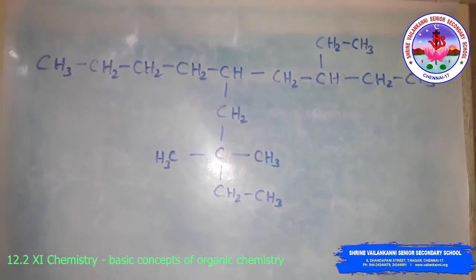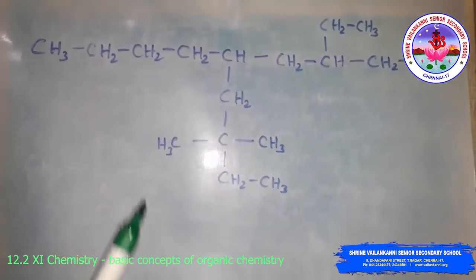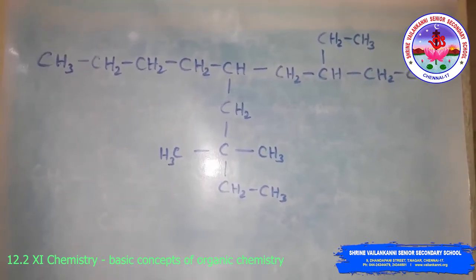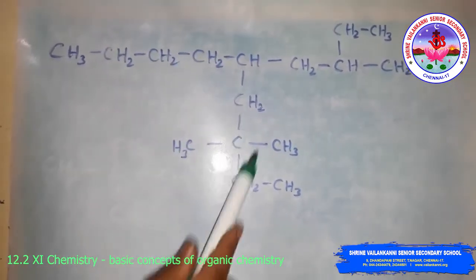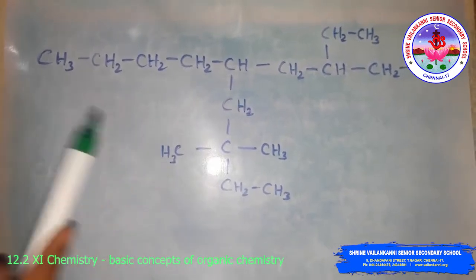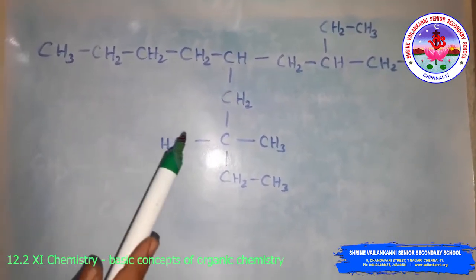See, the multi-substituted compound follows some rules. That is, if there happen to be two equal chains, this one and this one, two chains having equal size, then the chain that contains more side chains is to be selected.